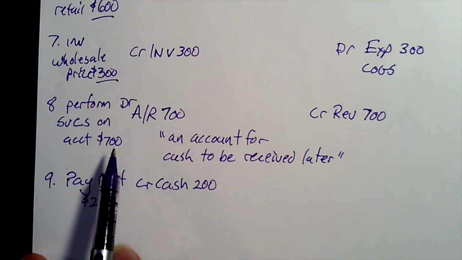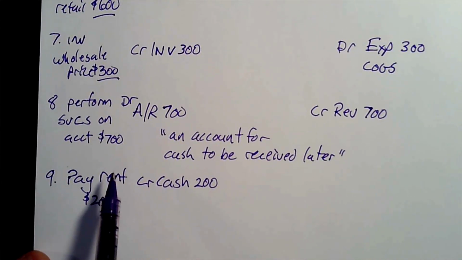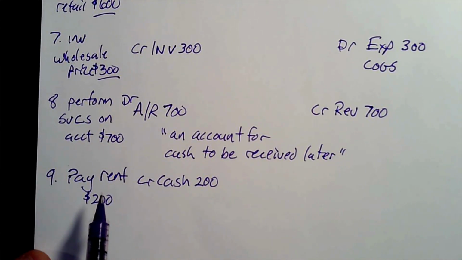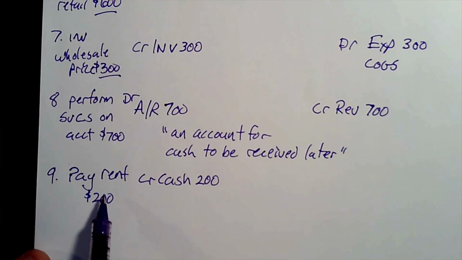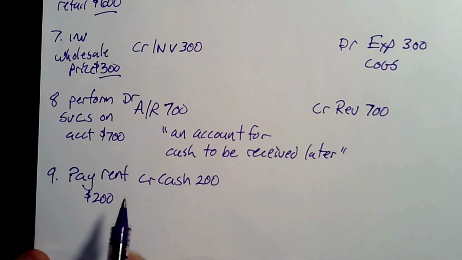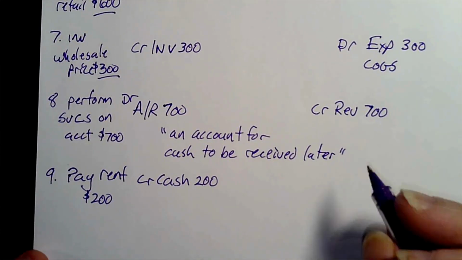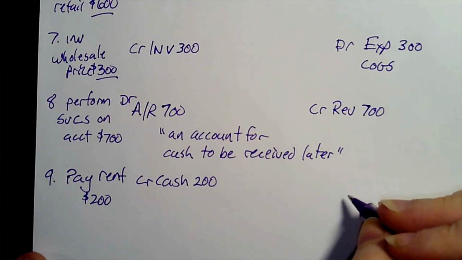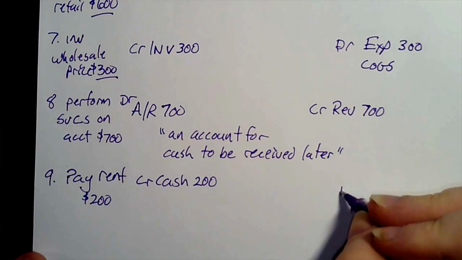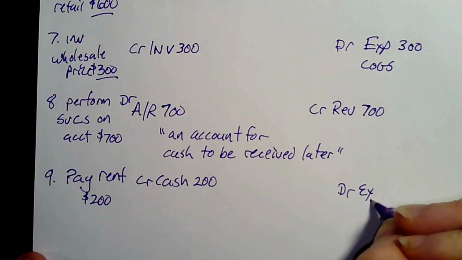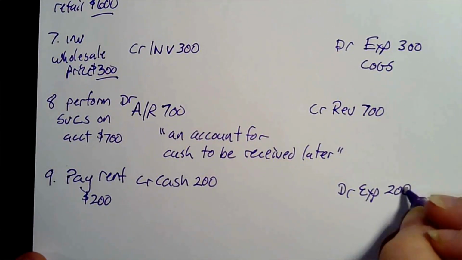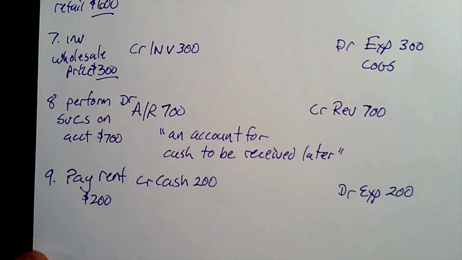We didn't give up rent to make the sale, but you have to think about what are all the other necessary day-to-day business things that we need to do to run our business, to generate revenue. Well, we have to have employees, we have to have the lights on, we have to have a place to work. So rent is another type of expense. So expenses go up through a debit. So we're going to debit an expense for $200. And this would be a rent expense.